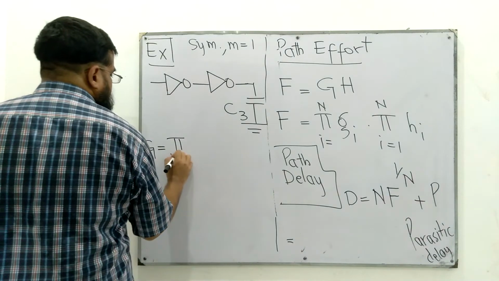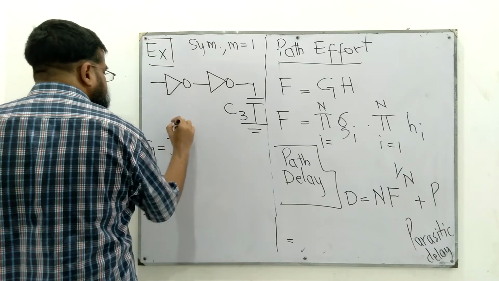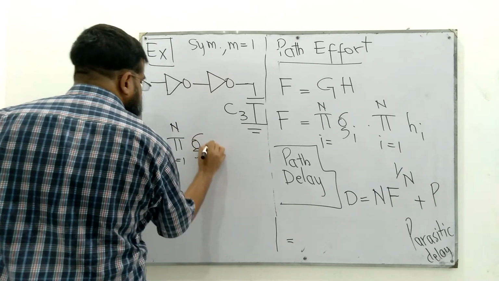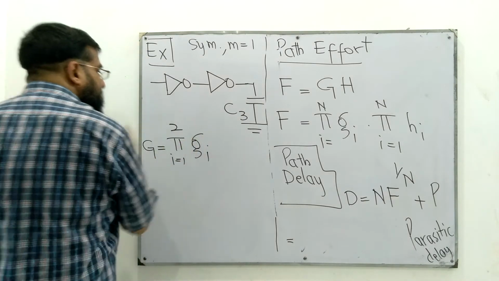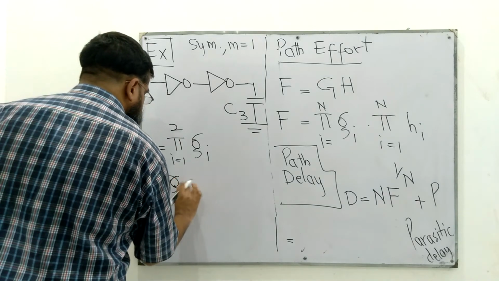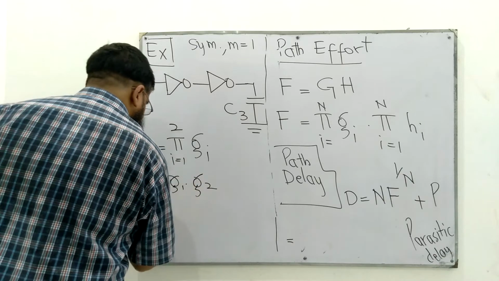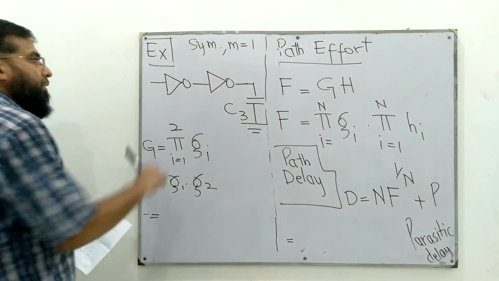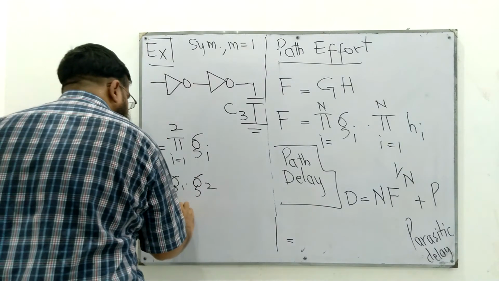Capital G is the product of g i from 1 to N, where N is 2 here, so G1 times G2. G1 is the input capacitance of this gate divided by the reference.